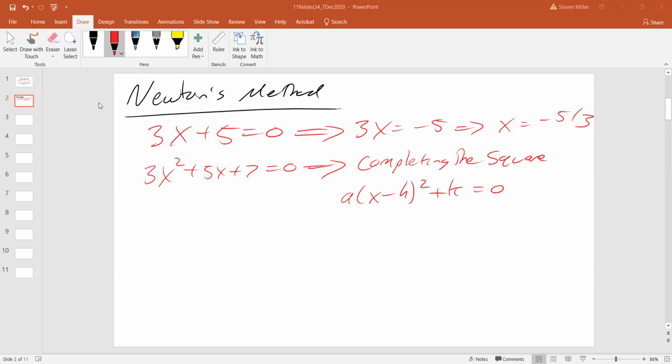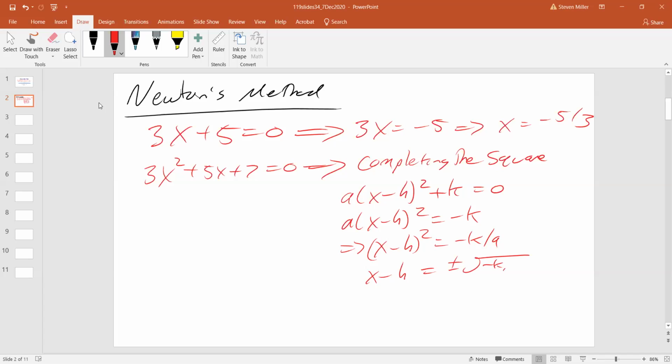And from this, it's much easier to solve. We would get a(x minus h) squared equals -k. Therefore, (x minus h) squared equals -k over a. x minus h equals plus or minus the square root of -k over a. So x is equal to h plus or minus the square root of -k over a.